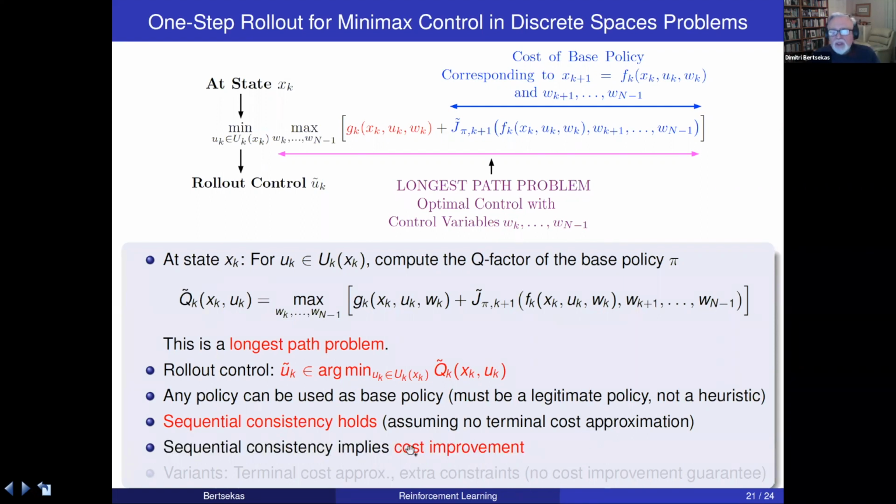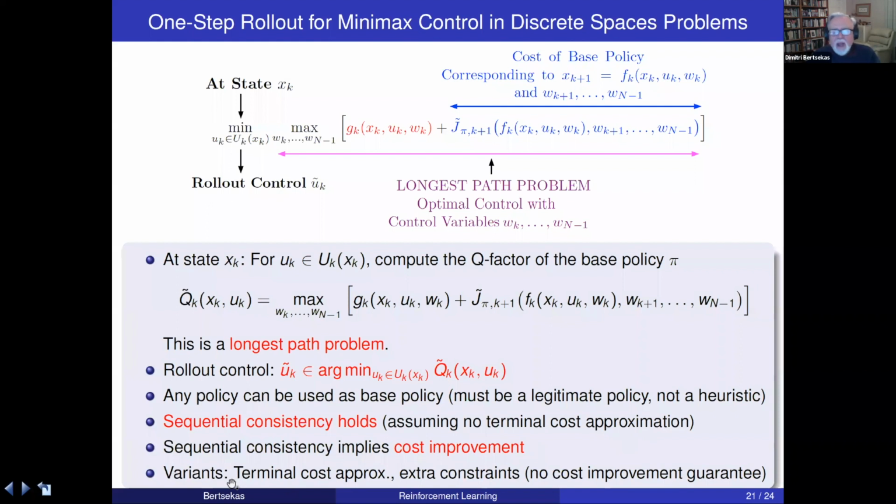And sequential consistency implies cost improvement in the usual way that we are accustomed to for rollout algorithms. The same kind of proof goes through for the Minimax case as well.